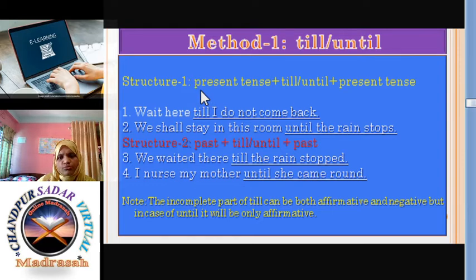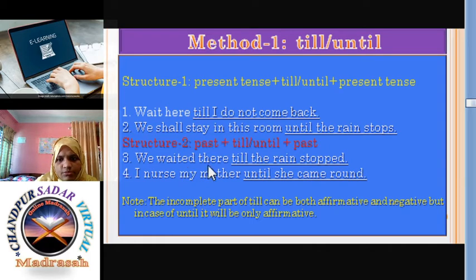It is structure 1. That means structure 1: present tense, till/until, present tense. That means if before till or until there is present or future, the part after till or until would be present tense. Structure 2: past, till/until, past. We waited there till the rain stopped.